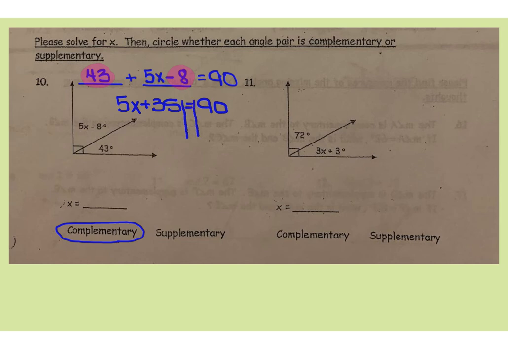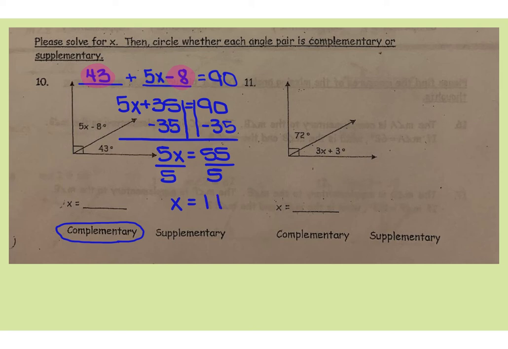Very good. Subtract 35 from both sides. And now we have 5x equals what? 55. Our next step? Divide both sides by 5. Excellent. And x is equal to 11. Very good. All goes back to those equations.